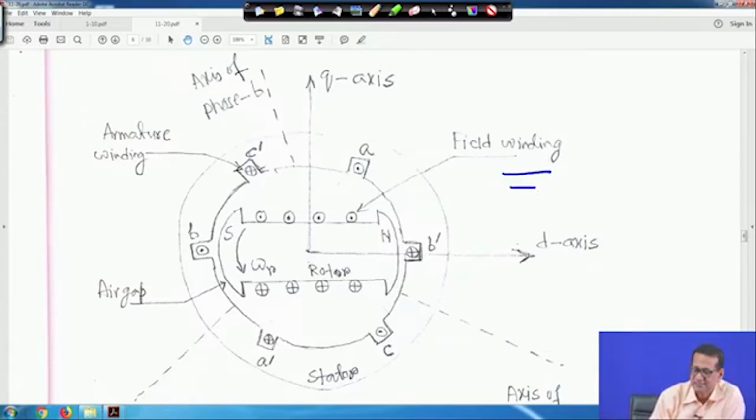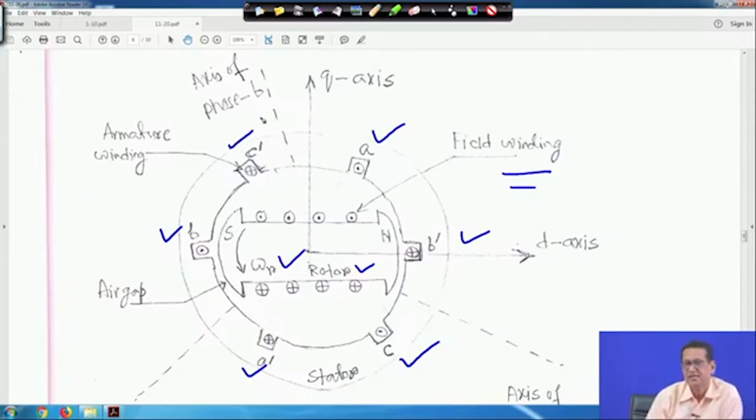Suppose the rotor is rotating anti-clockwise with angular speed omega r. This is the stator: A and A dash, B and B dash, C and C dash.